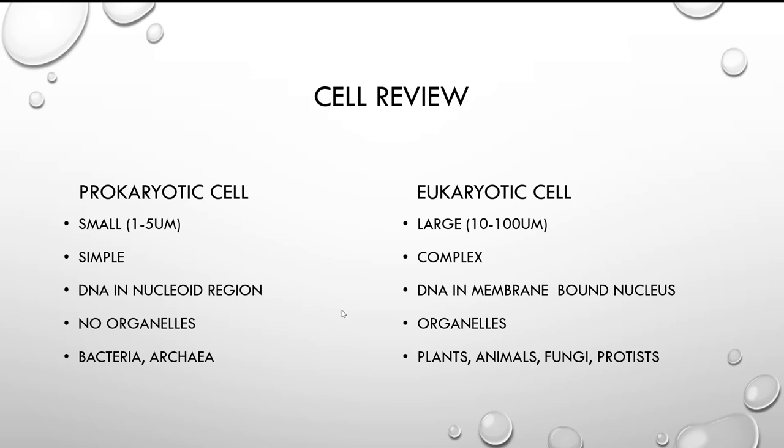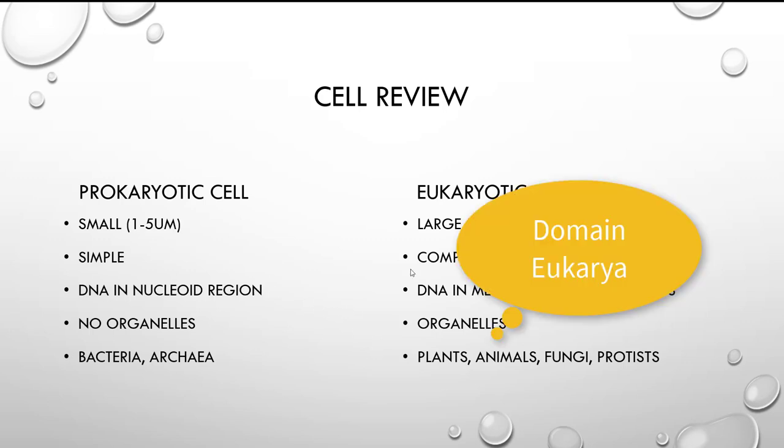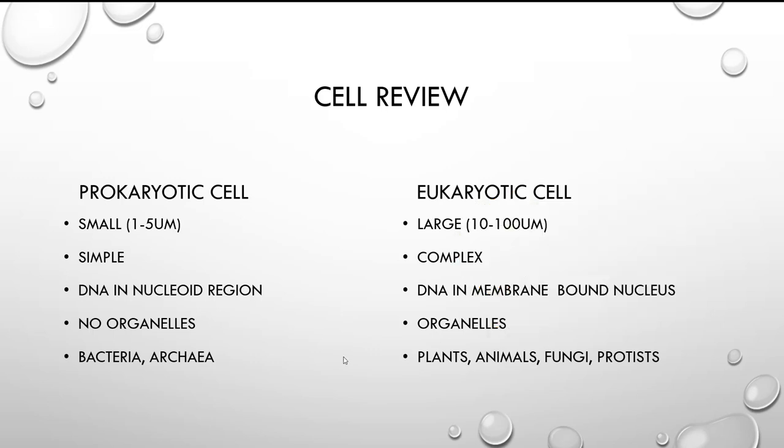The third domain of life is eukarya, so they're made of eukaryotic cells, makes sense. And the four kingdoms, or protists is not really a kingdom classification anymore, but the four classifications found in domain eukarya are plants, animals, fungi, and protists. So again, we're going to focus mainly on plants and animals when we talk about the eukaryotic cell.